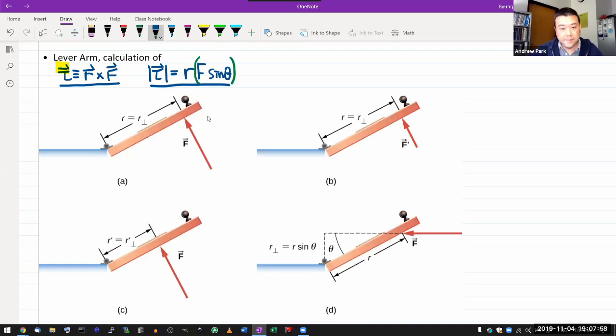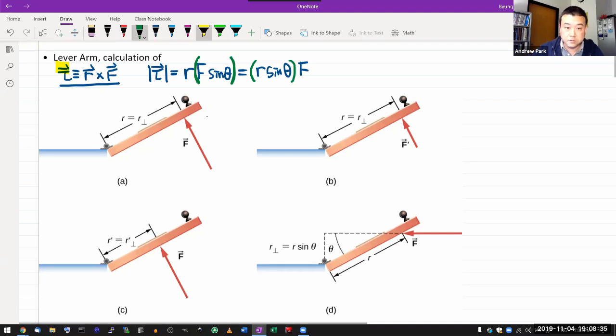The rewriting I might have to do is to move this sine theta around a little bit to say r sine theta times F. And to make the grouping clear, I might put parentheses around r sine theta. And these are two different ways of writing this one and the same formula. And in each of these ways, the quantity that I put under the parenthesis, you can give that a meaning.